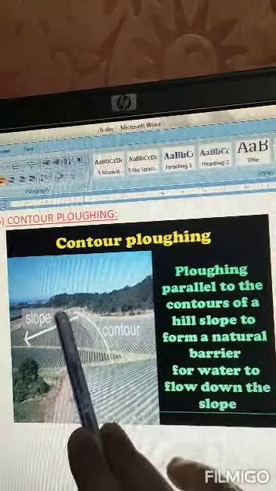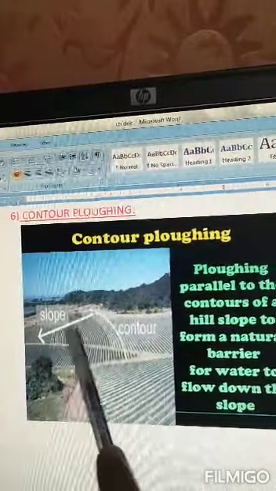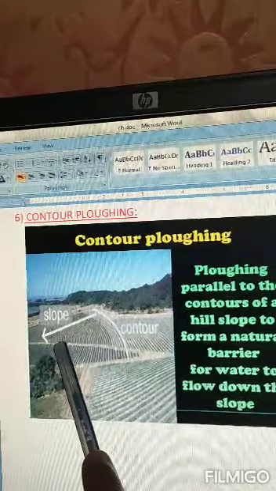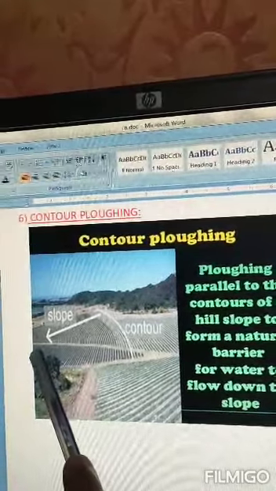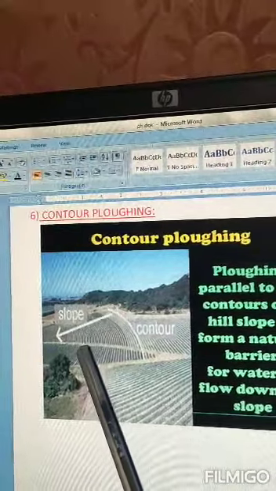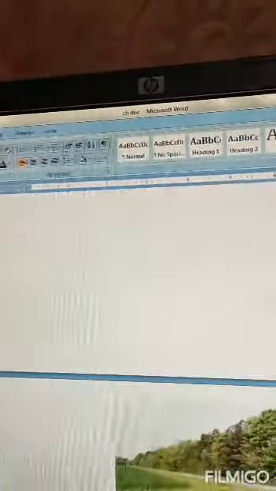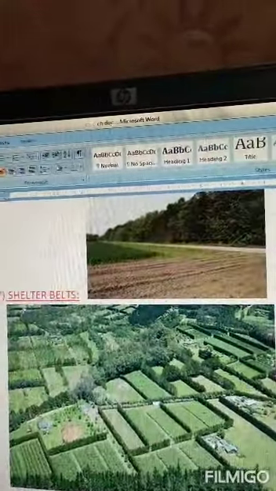If plowing is done in this way and crops are grown in this way, when water moves down, it will deposit the soil down and it will not cause much soil erosion.